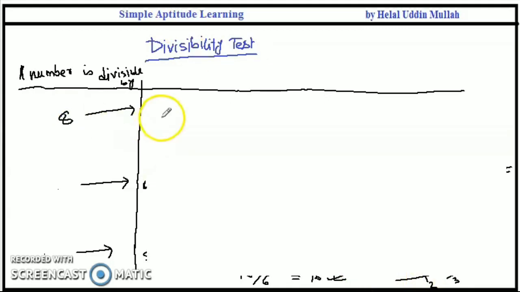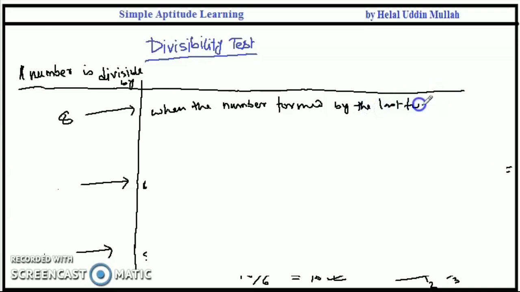Next, 8. A number is divisible by 8 when the number formed by its last three digits is divisible by 8. For example, consider 512.